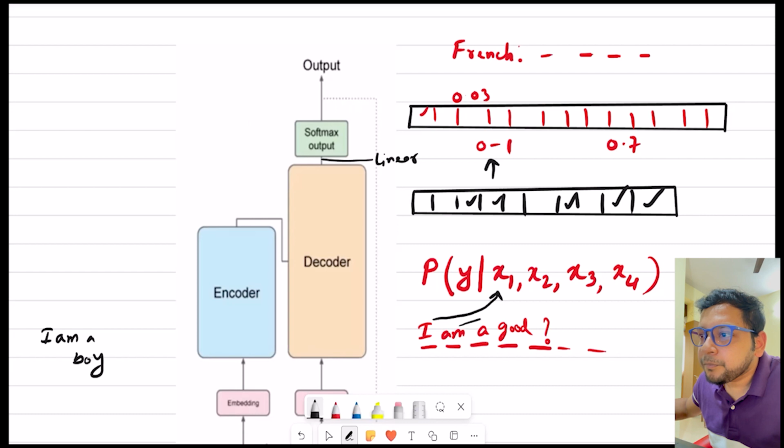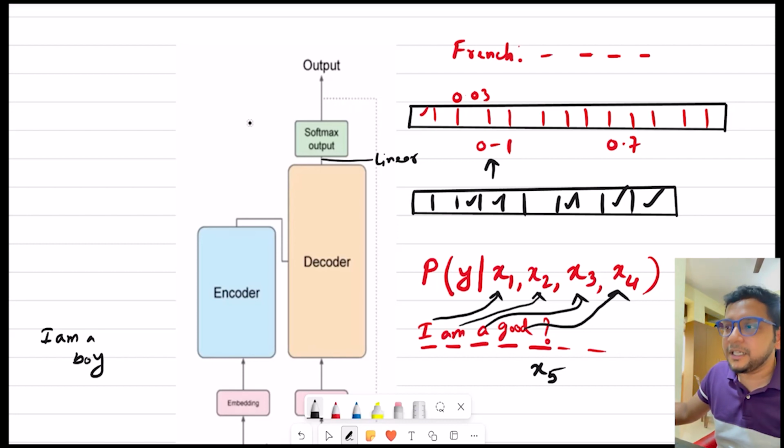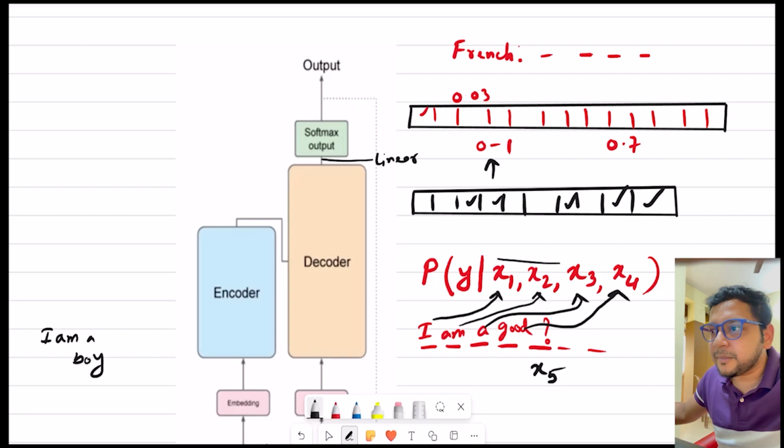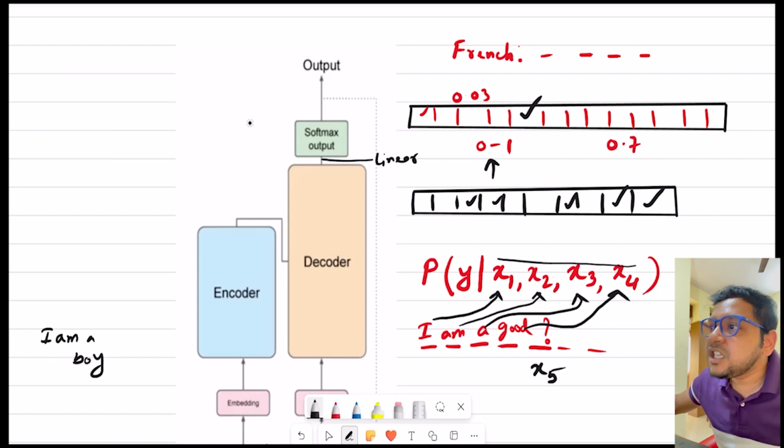So this I is x1, am is x2, a is x3, good is x4. So what will be the next word? What will be the x5? This is based on the conditional probability. So conditional probability is mentioned, and probability of y given that this has already occurred, then whichever word will have higher probability, that word will be the next word here.